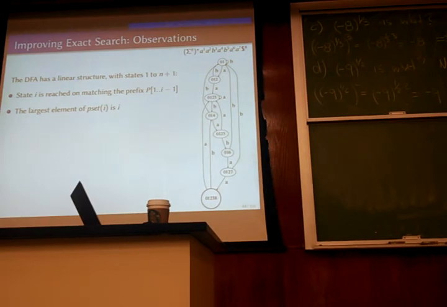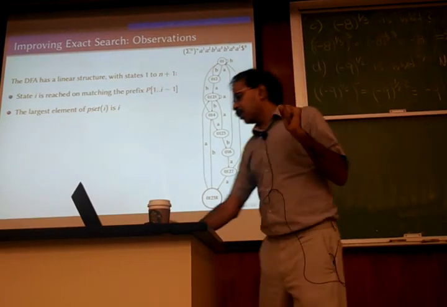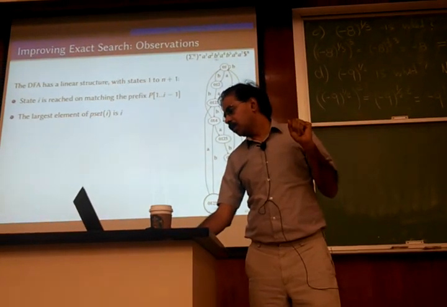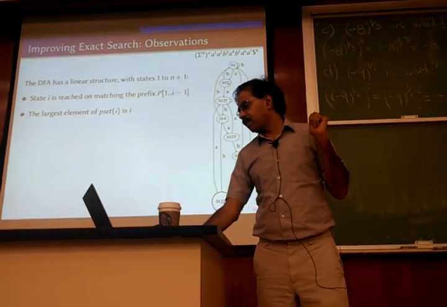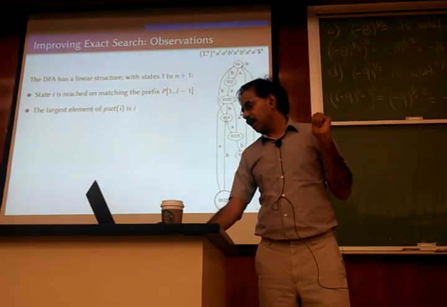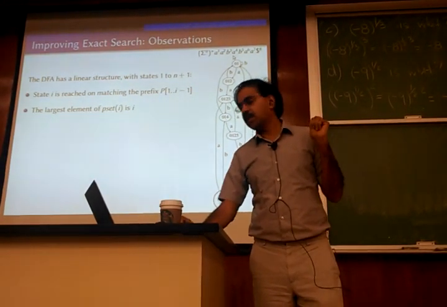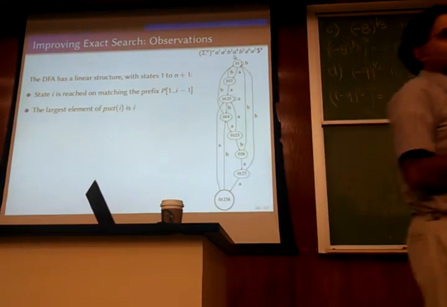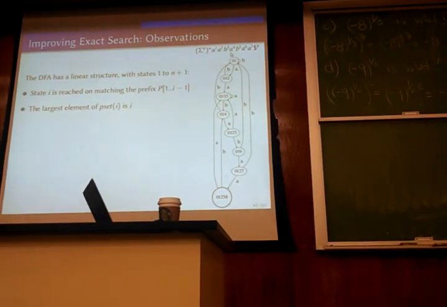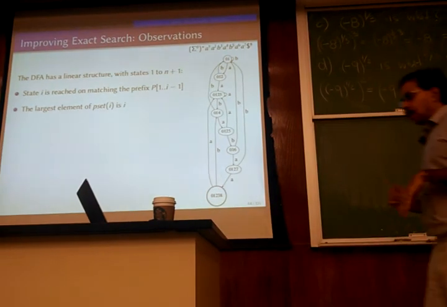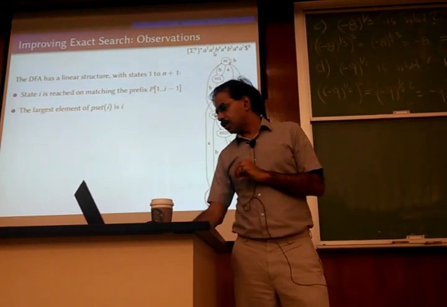So you just go forward. So corresponding to moving forward through this string, you will have states. The nth state here will correspond to the nth position within the string, right? So it's a very simple structure, and that's a linear structure.